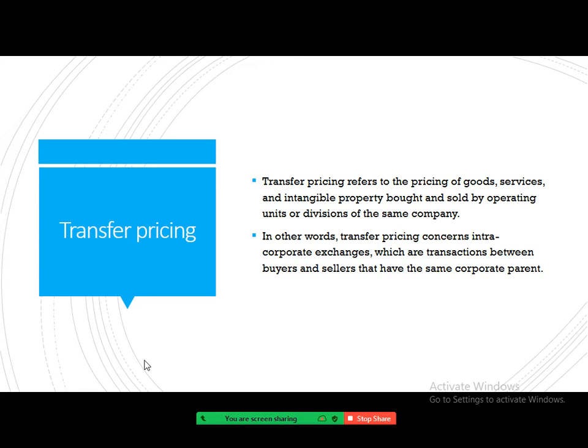Tax authorities such as the Internal Revenue Service (IRS) in the United States, Inland Revenue in the United Kingdom (UK), and Japan's National Tax Administration Agency take a keen interest in setting transfer pricing policies.